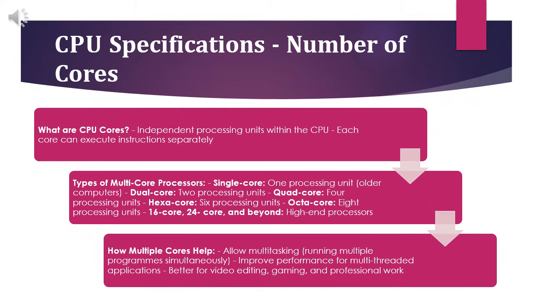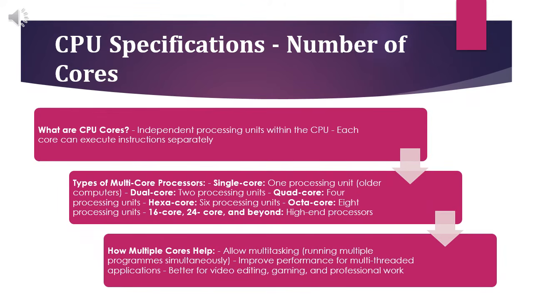The number of cores varies widely depending on your needs. Single-core processors are only found in very old computers today. Dual-core and quad-core chips are common in basic budget devices.